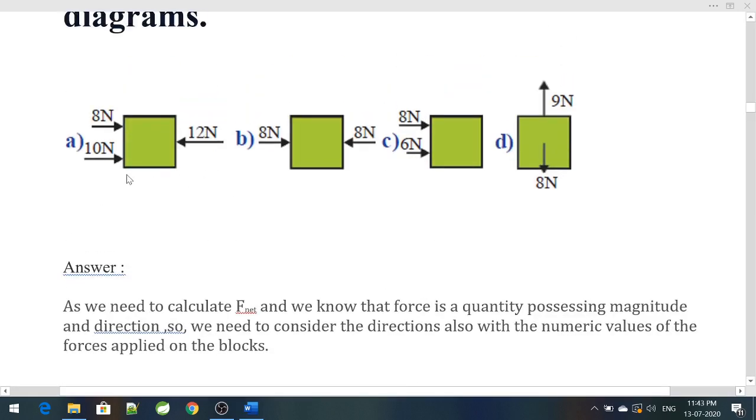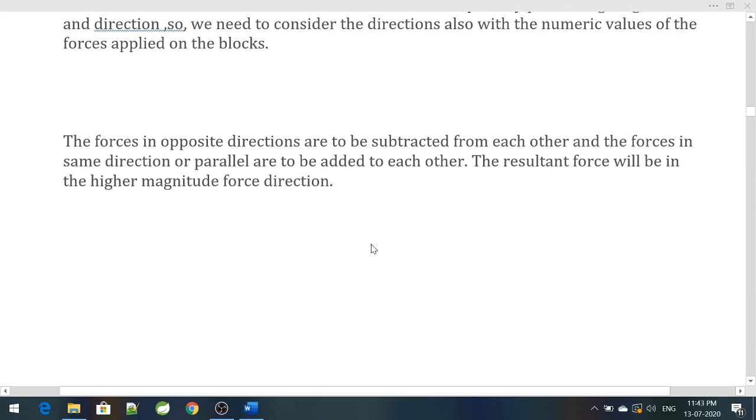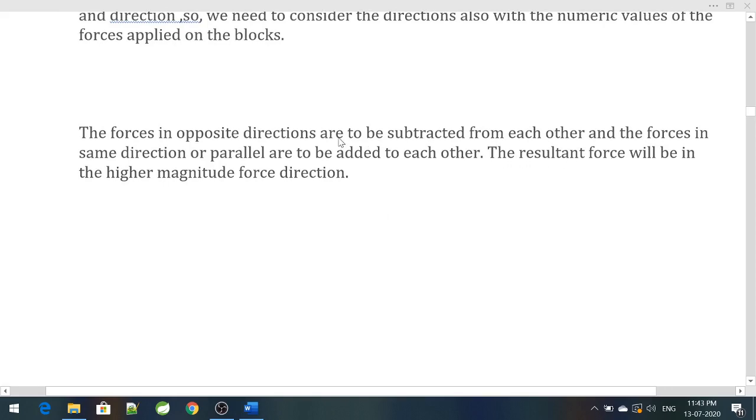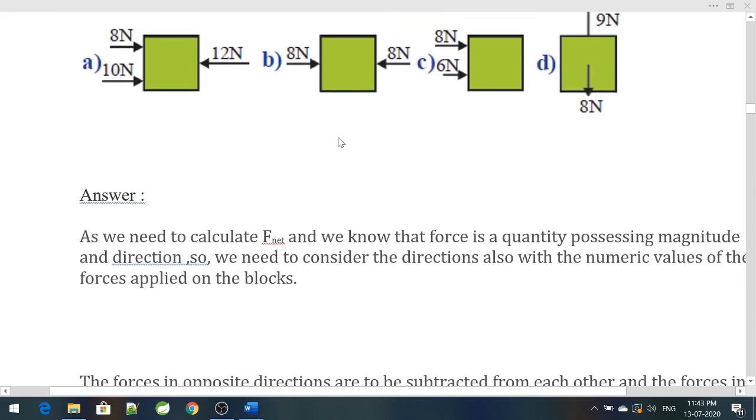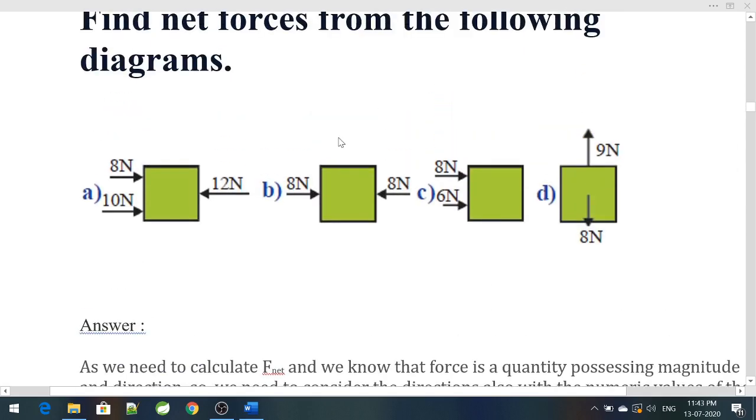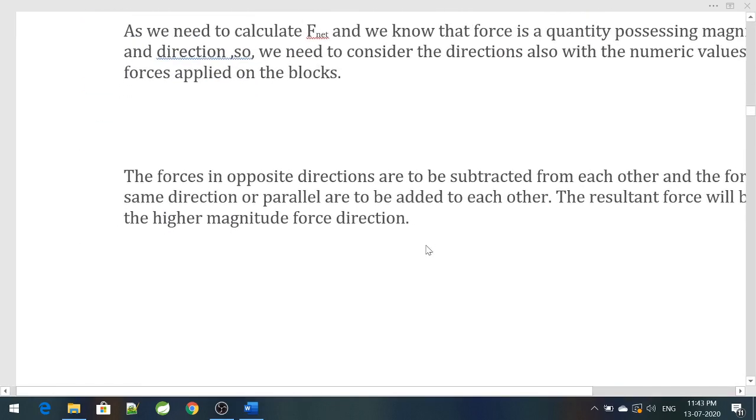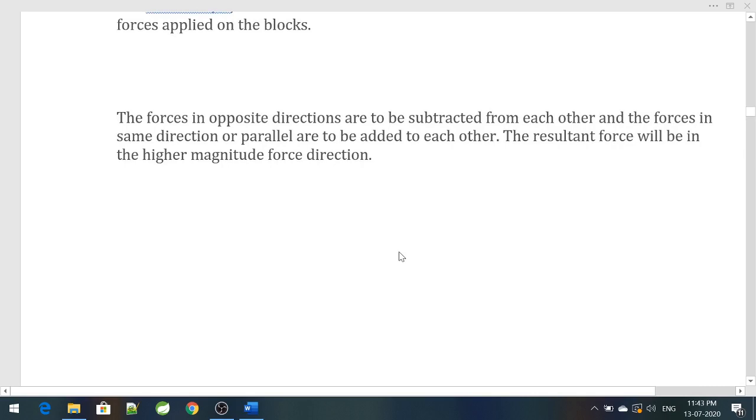So for forces acting in opposite directions, only one is moving the object in one direction, and all the others are moving it in the opposite direction. The forces applied in opposite directions should be subtracted, and the forces in the same direction should be summed, that is, added.